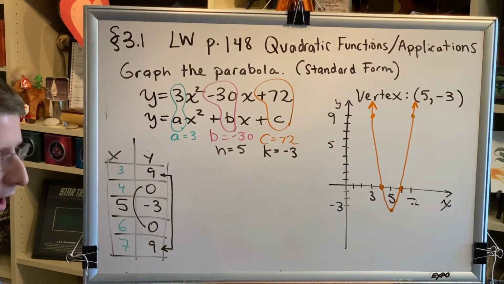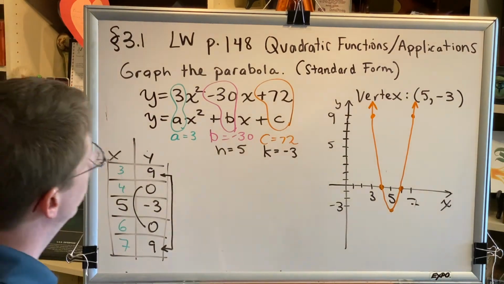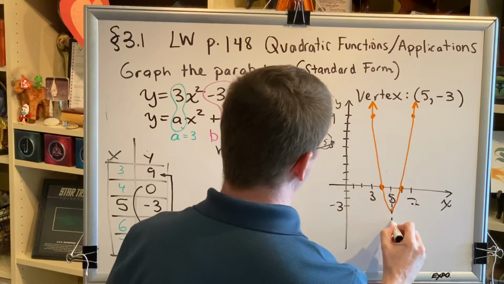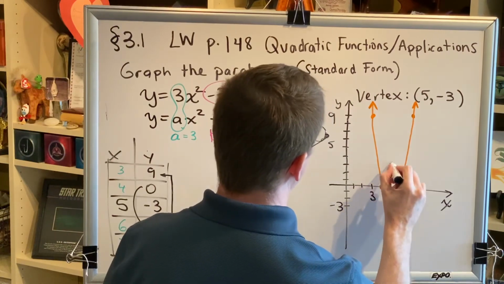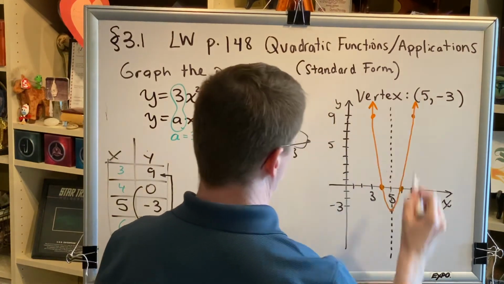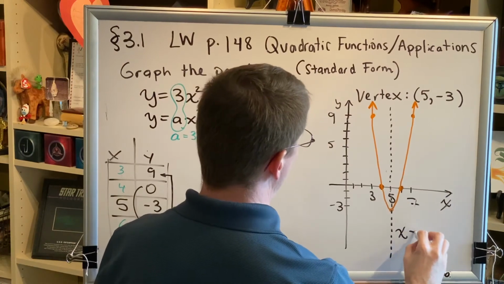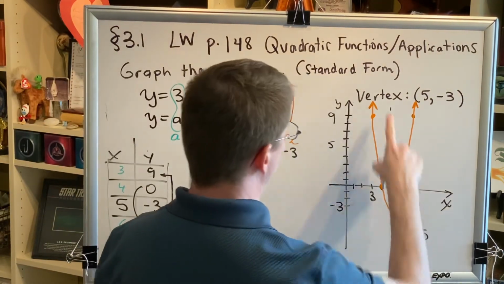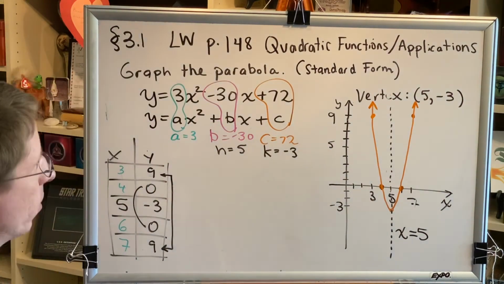All right, there's the graph of our parabola. If the problem happened to ask for it, the vertical line through the vertex, which we call the axis of symmetry, is always x equals h. H for this problem is 5. So this is the vertical line x equals 5.